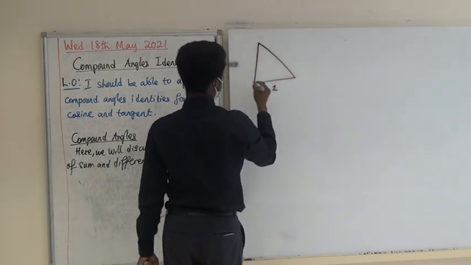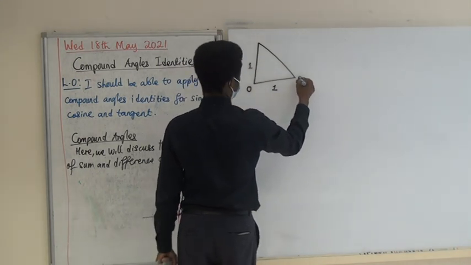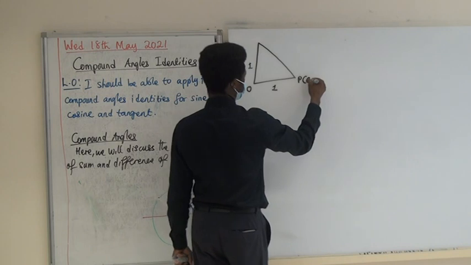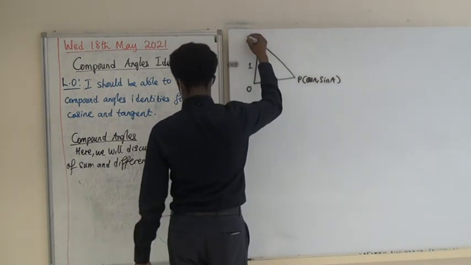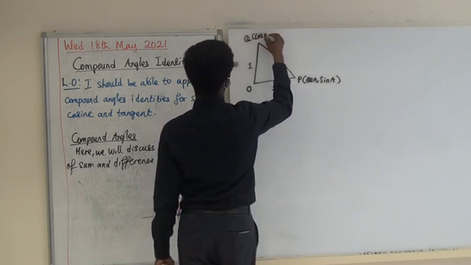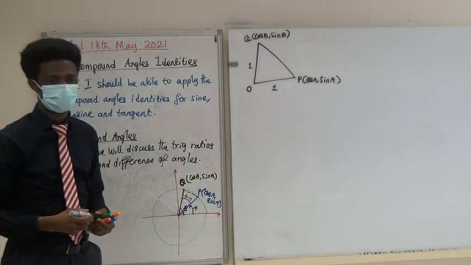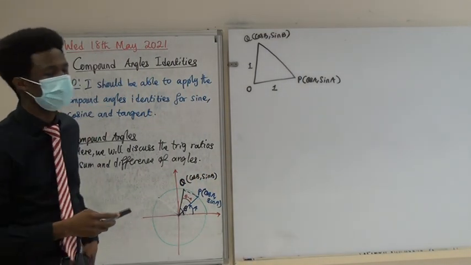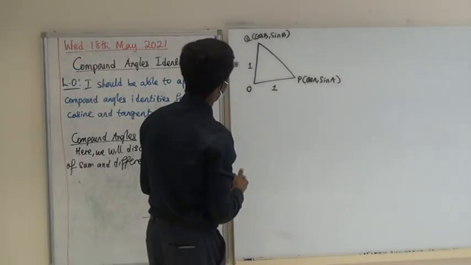This is 1, this is the origin, this is 1, this is P, with coordinates cos A, sine A, and this is Q, with coordinates cos B, sine B. We're going to find PQ in two ways and see what happens.